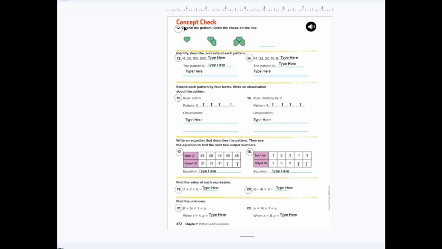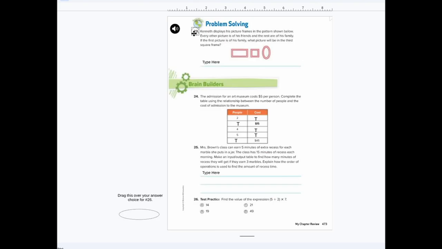So on this page, 12, 13, 14, 15, 17, 18, 19, 20, 21. And then on the next page is 23. Okay, so you're going to put all of those papers in your binder for bonus. They're due tomorrow.